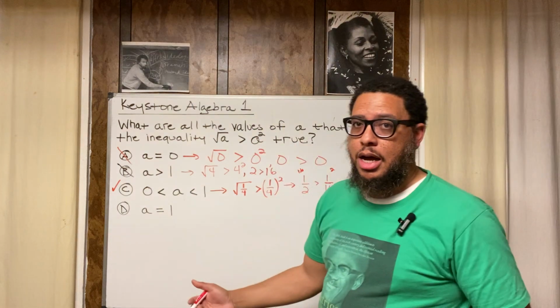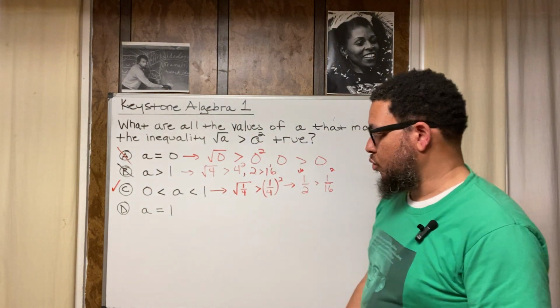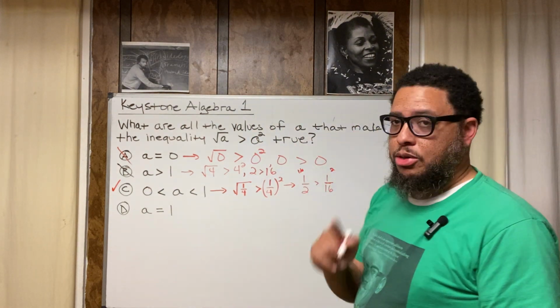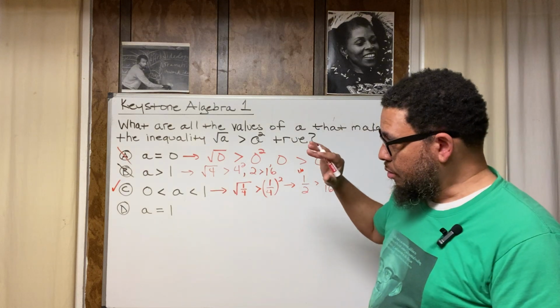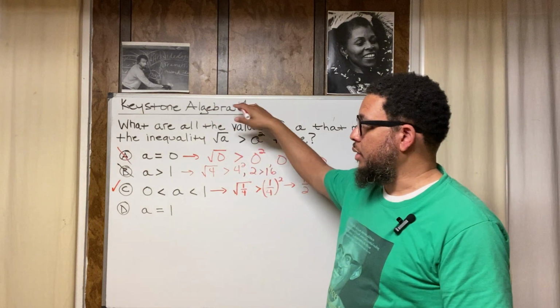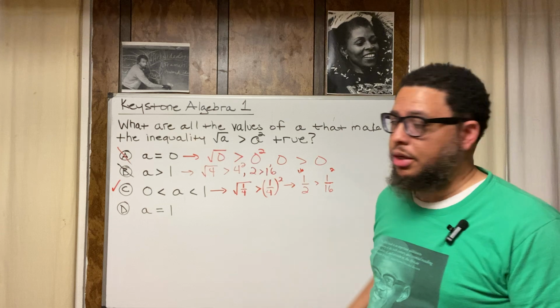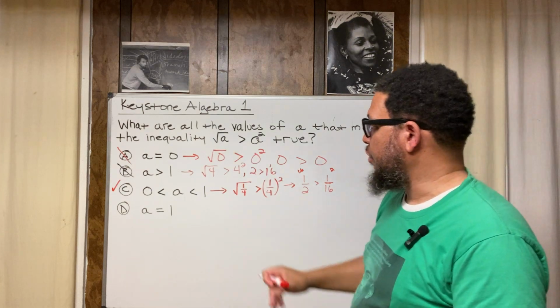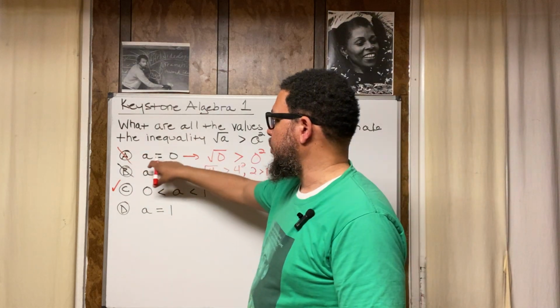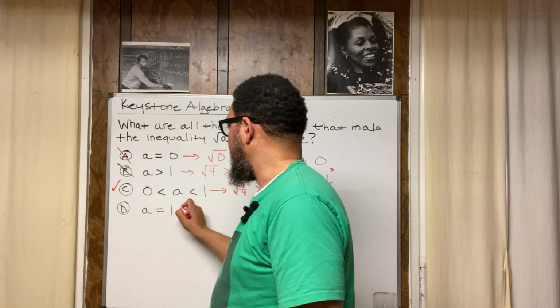Now, because we got some time, let's make sure choice D is also wrong. There should be only one correct answer on these multiple choice questions on the Keystone Algebra 1 exam that you'll see in Pennsylvania. So let's see if A is equal to 1, just like choice A was equal to 0. Let's see what happens.